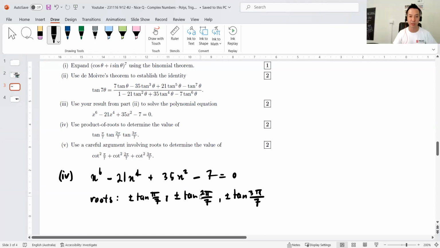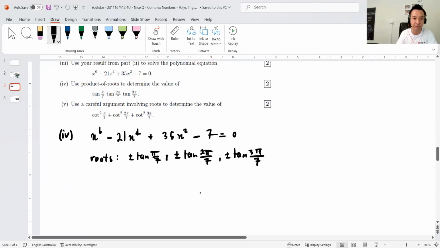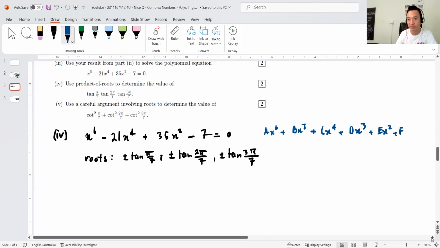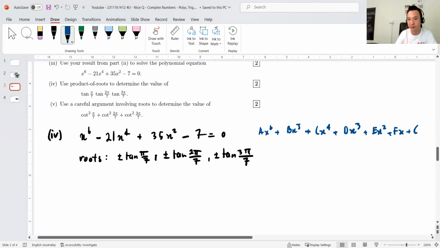Now, using product of the roots, I know that if this is ax6 plus bx5 plus cx4 plus dx3 plus ex2 plus fx plus g equals 0, the product of the roots signs go minus plus minus plus minus plus.